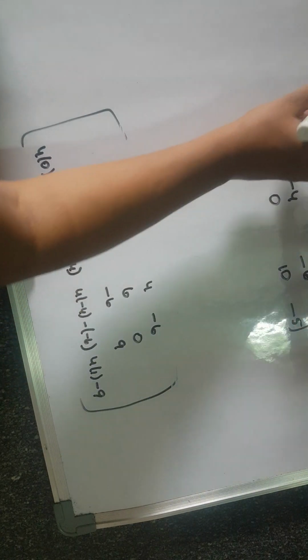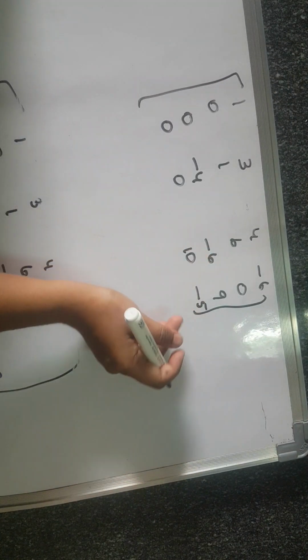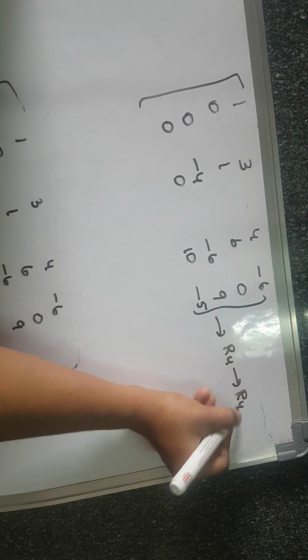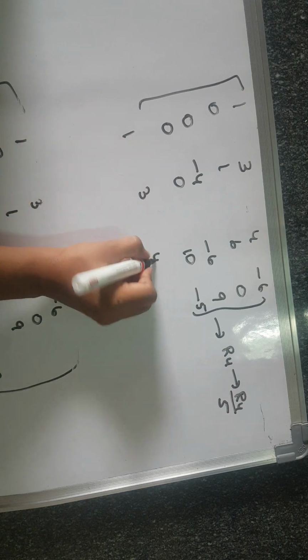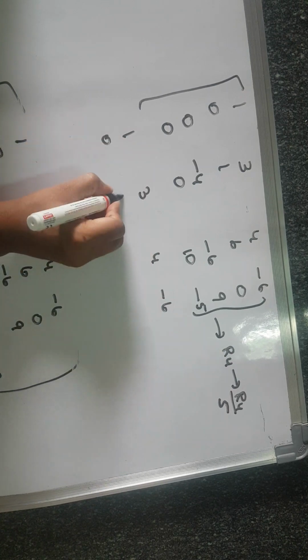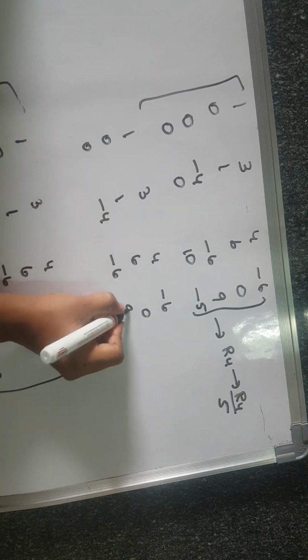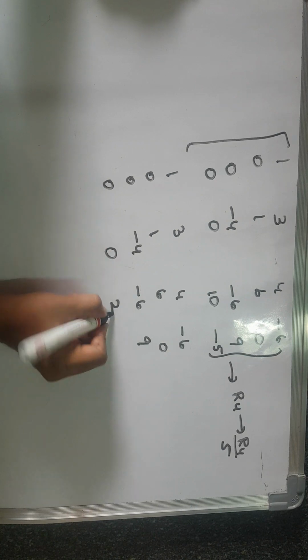This value becomes minus 10, minus 5. Now also make R4 implies R4 by 5. Now what do these values become? 1, 3, 4, minus 6, 0, 1, 6, 0, 0, minus 4, minus 6, 9. The last row becomes 0, 0, 2, minus 1.